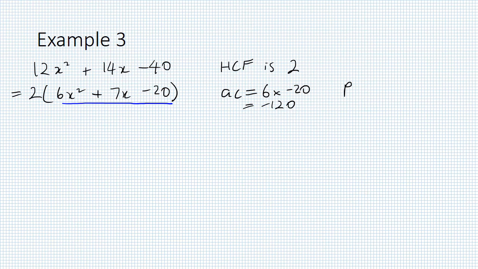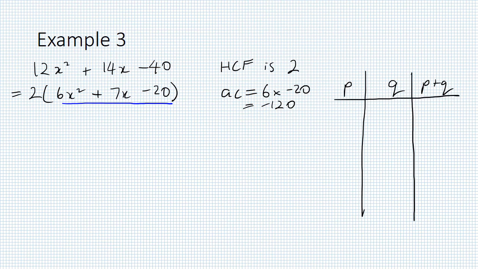So P, Q, P plus Q. Let's draw that down there. Okay, so starting off, now we're going to have one negative and one positive. So starting off at negative 1 times 120, adding those together you get 119, too high. Minus 2 and 60, which gives you 58 when you add them together.